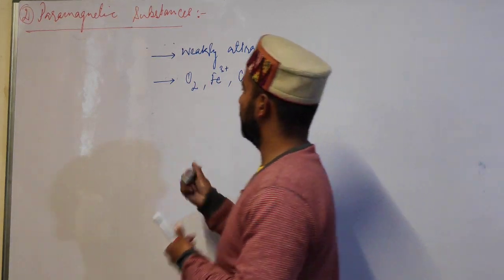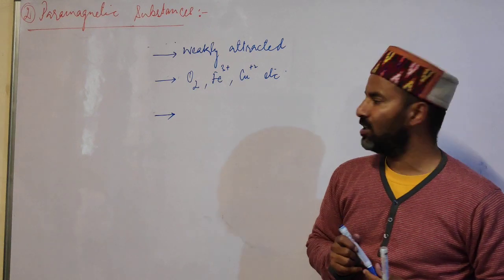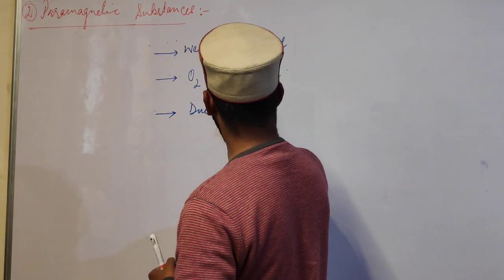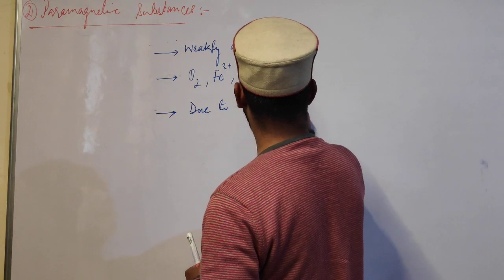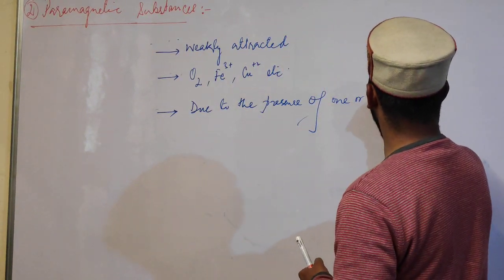Now students, third important thing is that paramagnetism in a material is due to the presence of one or more unpaired electrons.